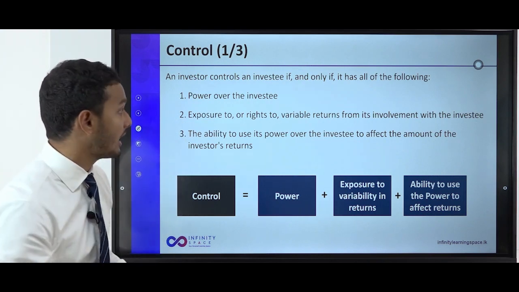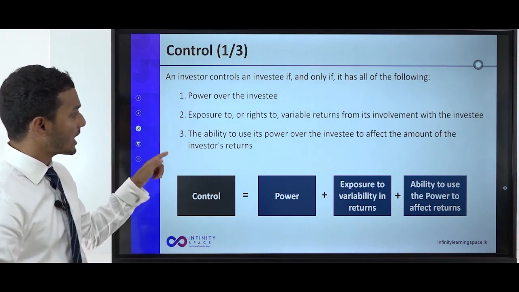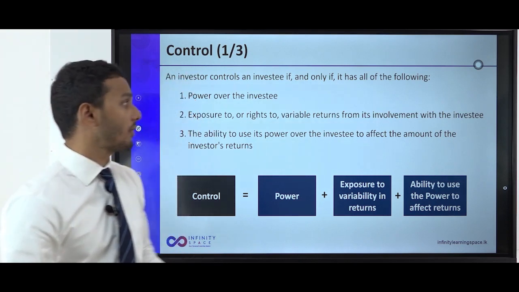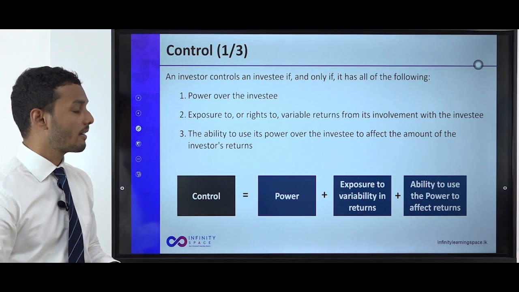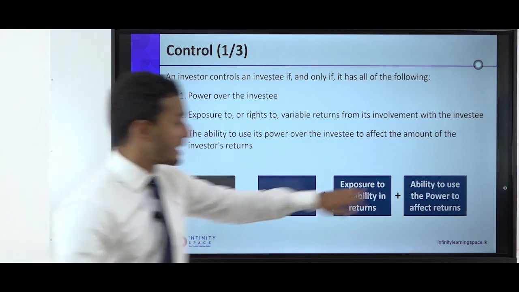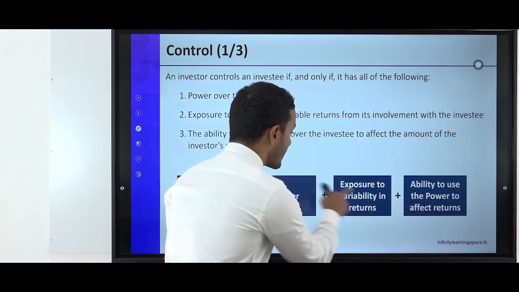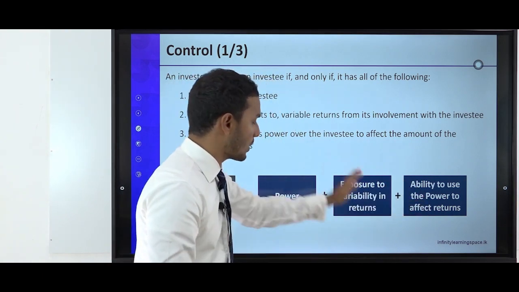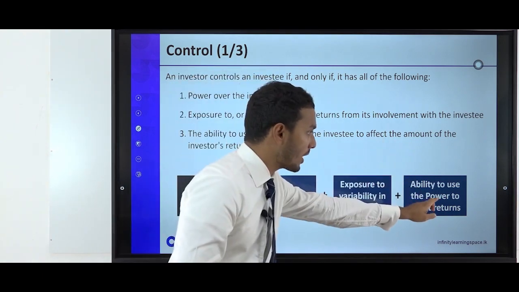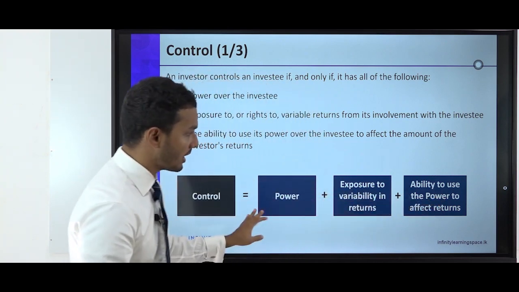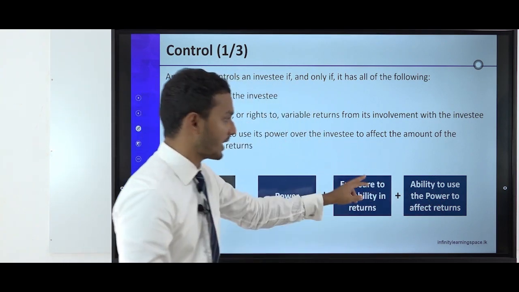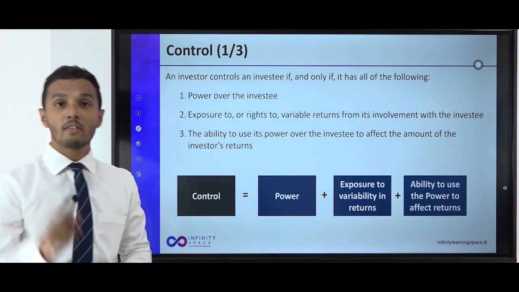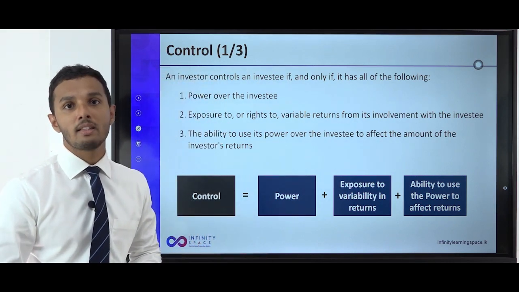Right. Last one, the ability to use its power over the investee to affect the amount of the investor's returns. This last component links the first two. It's a linkage. So this says, yes, you have this, great, but you need to have the ability to use this power to affect these returns. So here what we are looking for is whether the investor is an agent or a principal.